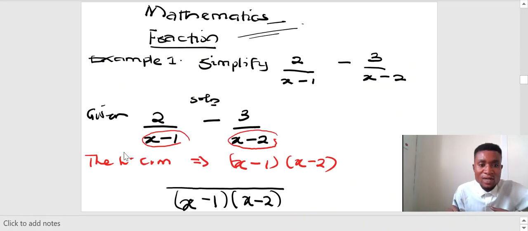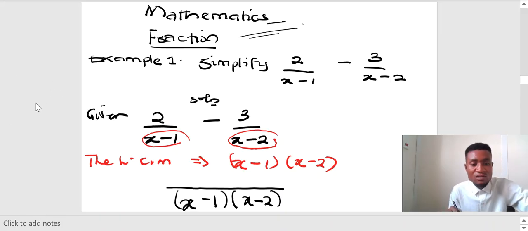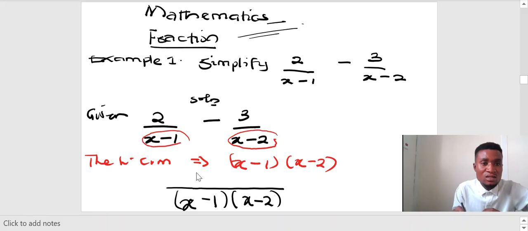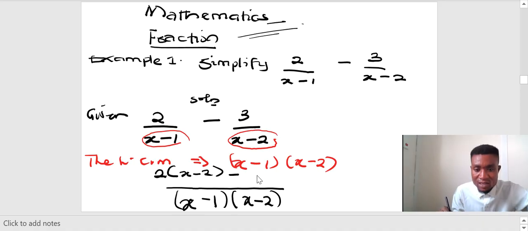So when we go back to this point now, you are going to be having 2 multiplied by x minus 2 minus 3 multiplied by x minus 1. So this is what you are going to have.